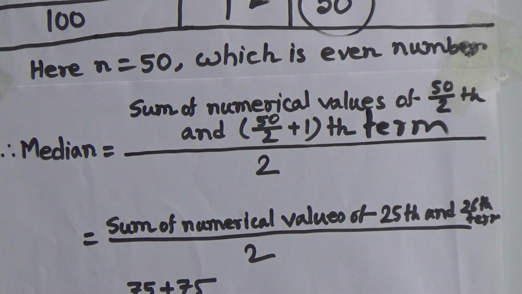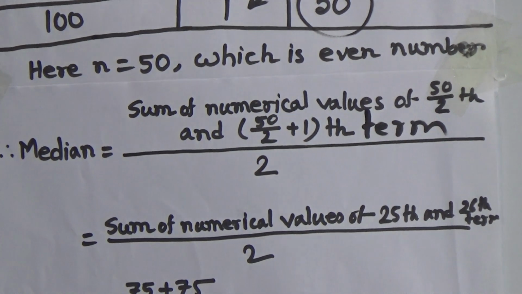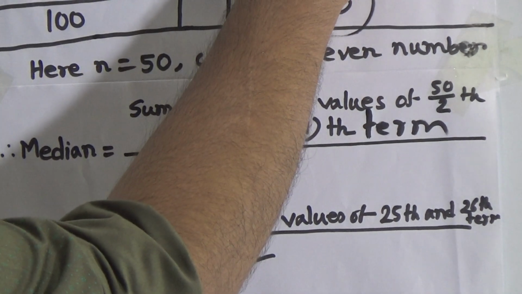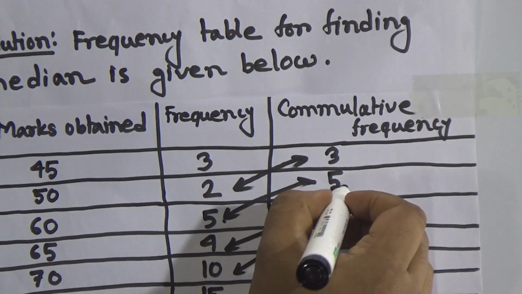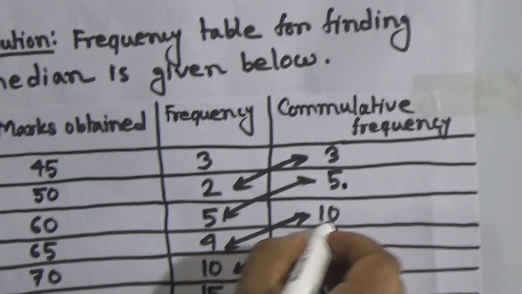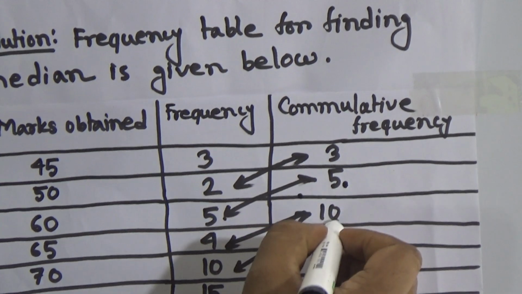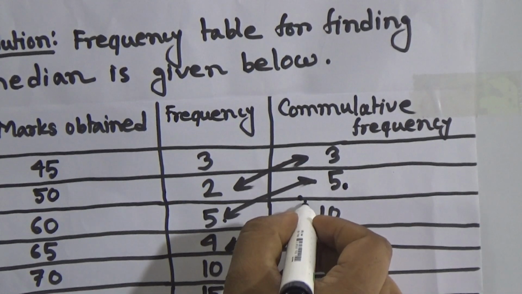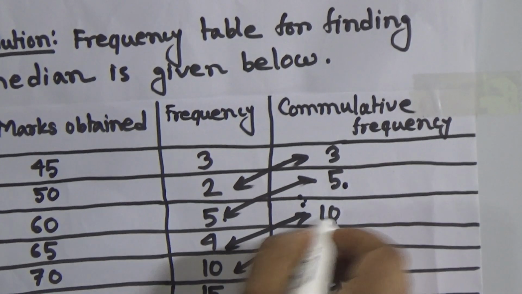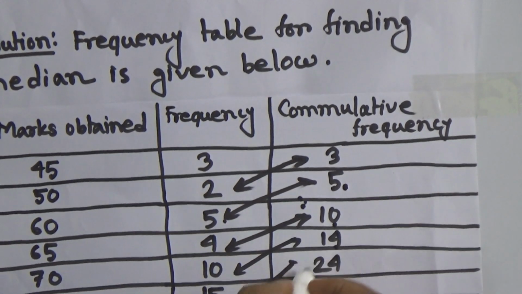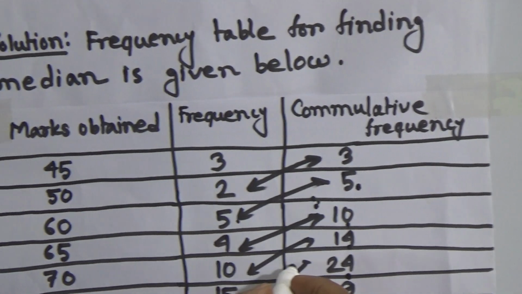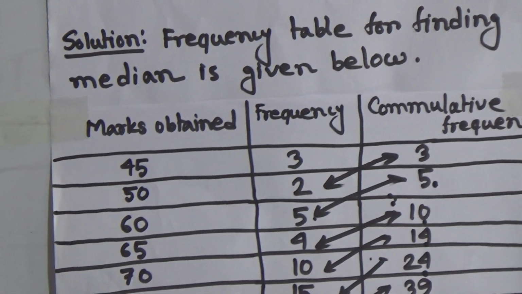My dear student, where do we get the 25th term and where do we get the 26th term? Dear student, notice. This is 3, that means it starts from 1 to 3. 5 starts from 4 to 5. 10 starts from 6 to 10, that means here the initial point is 6 and the terminal point is 10. 14 means it starts from 11 to 14. 24 means it starts from 15 to 24.